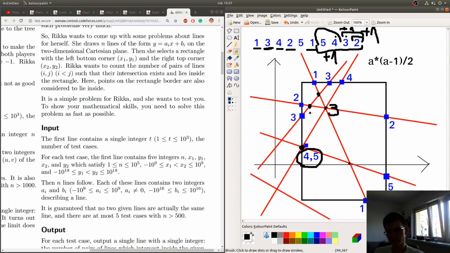So we know that they're in the same place. We should increase the answer by something like this, because when we know that lines intersect each other at this boundary point, we increase the answer by this value, and then we must be careful not to count any more intersections between them.